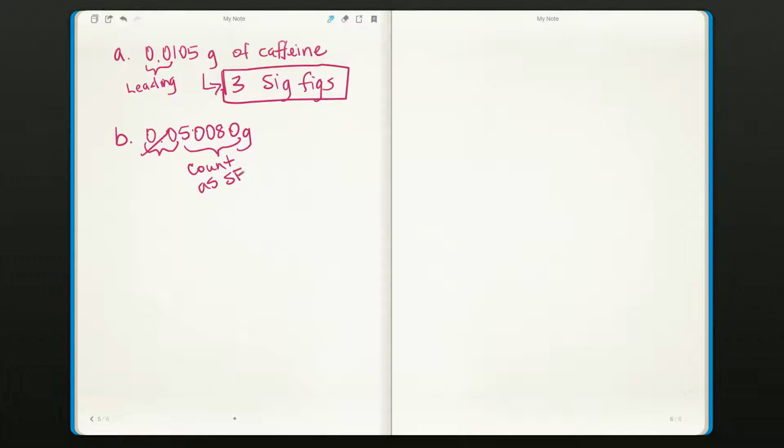I'm going to abbreviate it to SF. So 5 counts because it's a non-zero number. The 2 zeros count because they're sandwiched. And then this last 0 also counts because it's to the right of the decimal place. So this number has 1, 2, 3, 4, 5 significant figures.